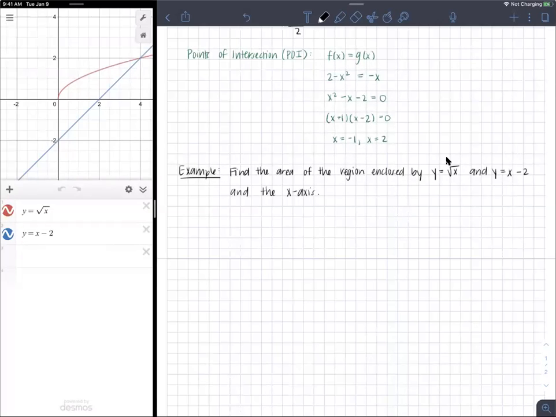So if I draw this out without any actual limits on it, we're trying to find this area.